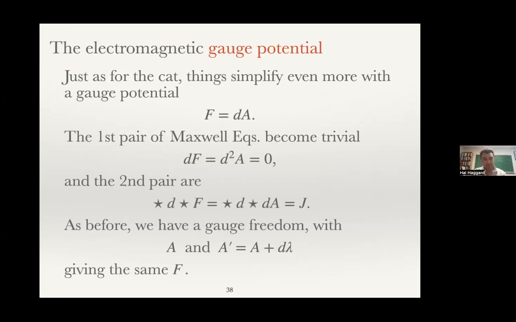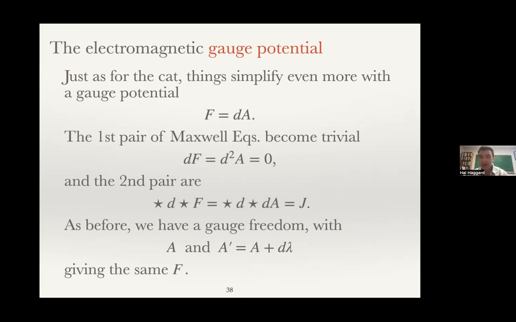All right. I've been telling you everything in the field language in terms of the electric and magnetic fields. And that was because I hoped that was more intuitive and closer to things you'd already seen. But now we can reformulate electromagnetism in this gauge potential language that we've been using. So the idea is actually very, very similar to what we did with the cat.